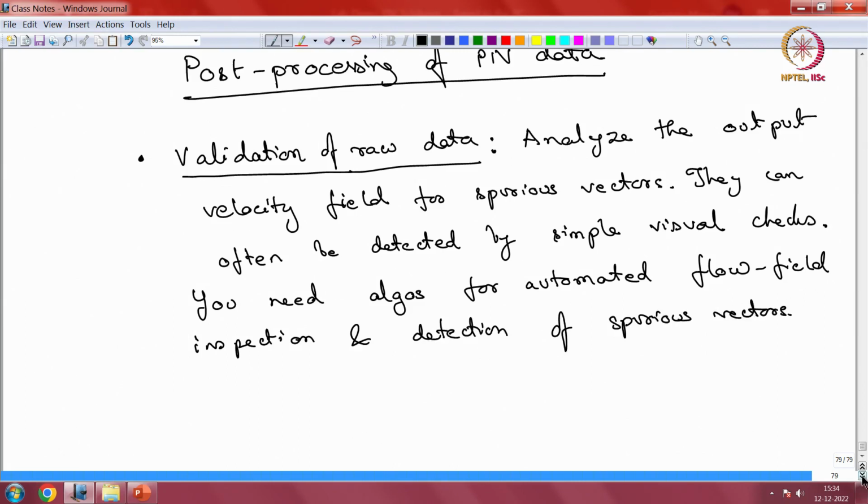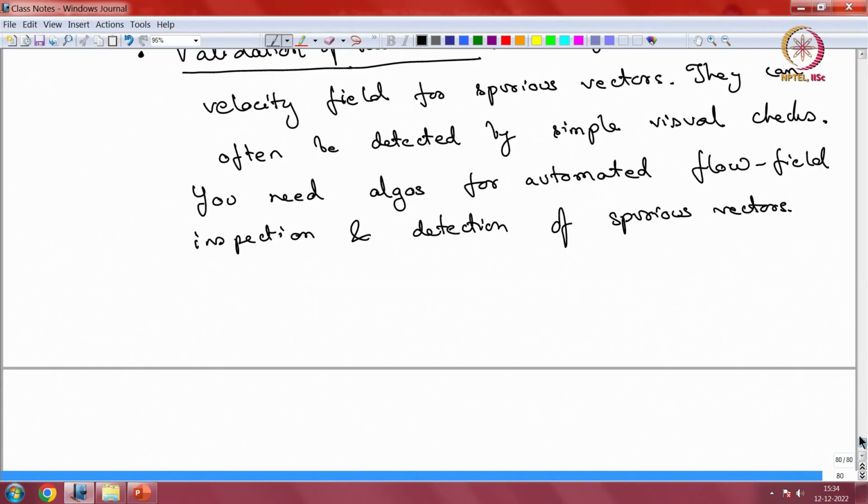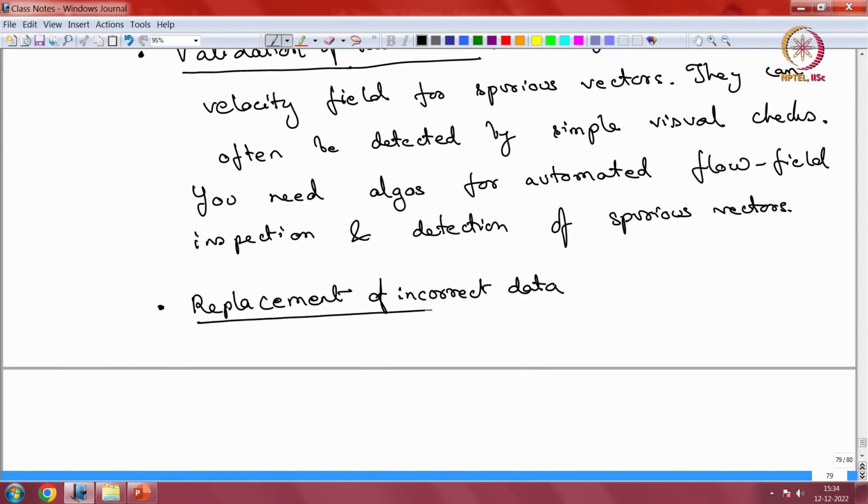You also then need techniques to replace incorrect data. So just figuring out or validation is not enough. Replacement of incorrect data is often required. And this is so because most post processing algorithms, most post processing schemes, require complete data fields.